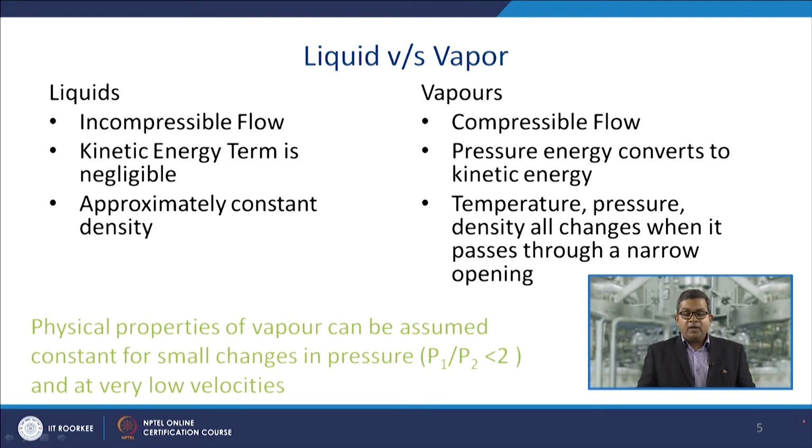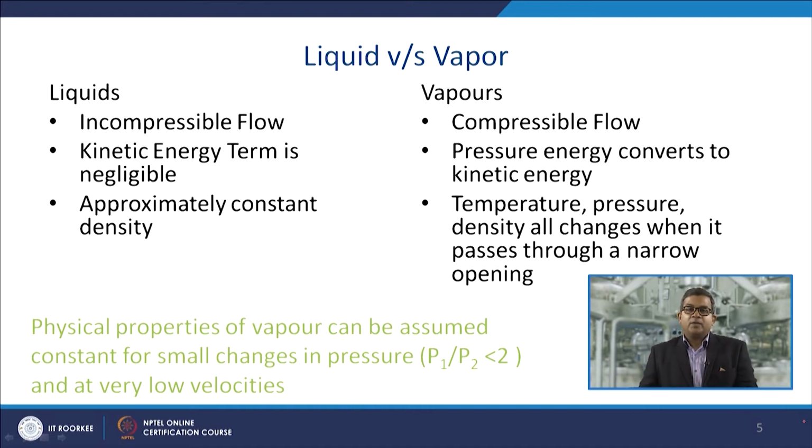Now here we have a comparison of liquid versus vapor. Liquids usually are incompressible flow, whereas vapors are compressible. In liquids the kinetic energy term is negligible, whereas in vapors the pressure energy converts to kinetic energy. In liquids the density is approximately constant, however in vapors the temperature, pressure and density all change when the vapor passes through a narrow opening.